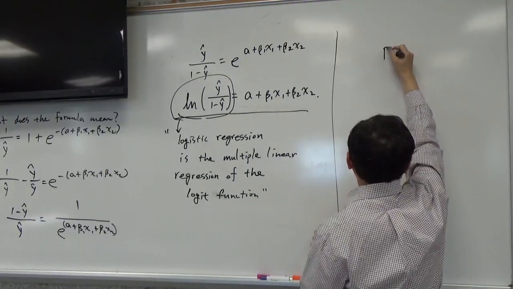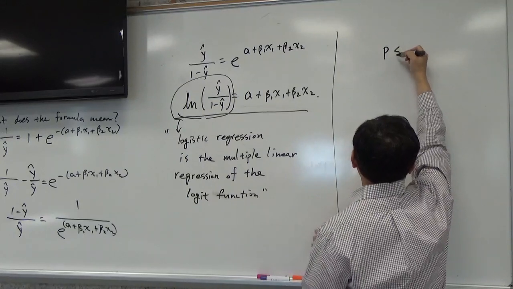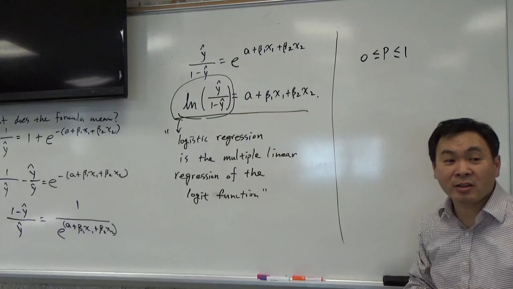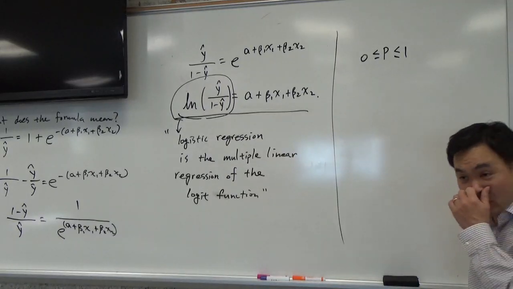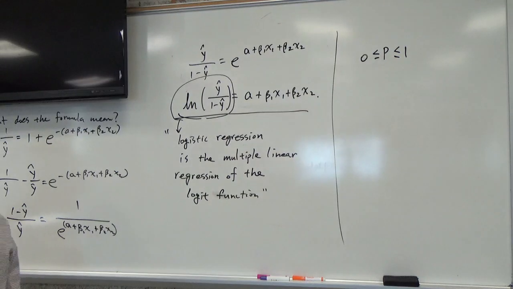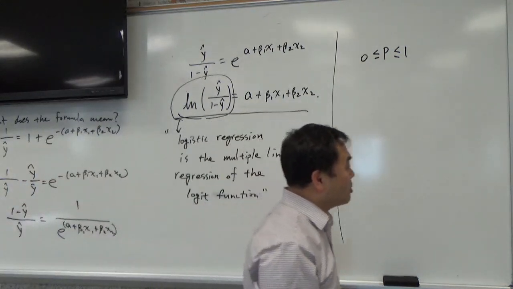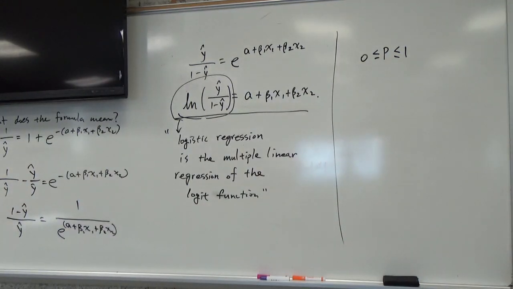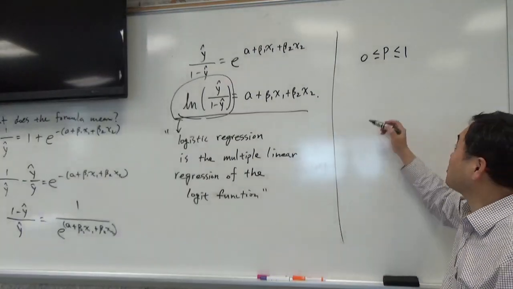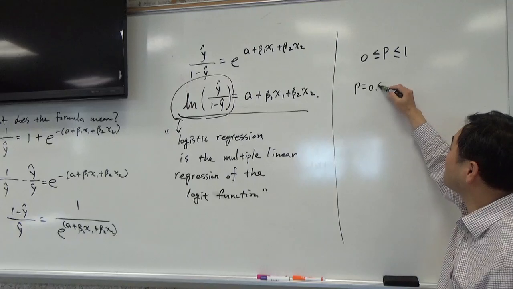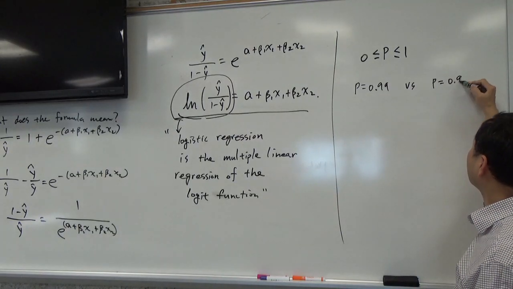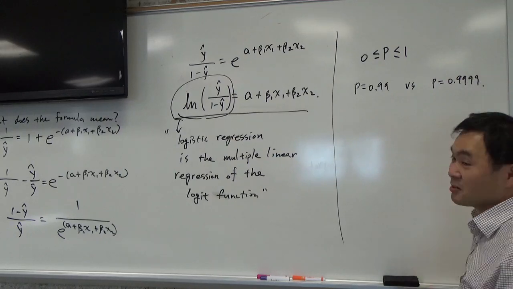The problem with P is that P takes values only between 0 and 1. So there's not much of a difference between, say, P equals 0.99 versus P equals 0.9999.